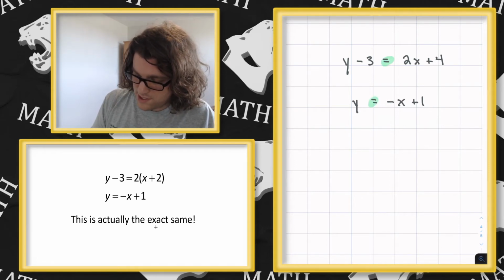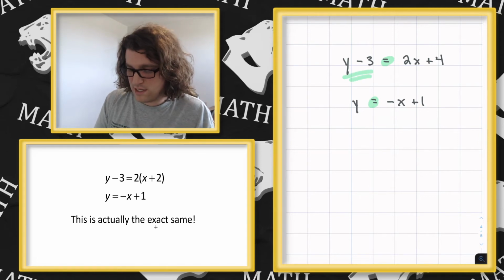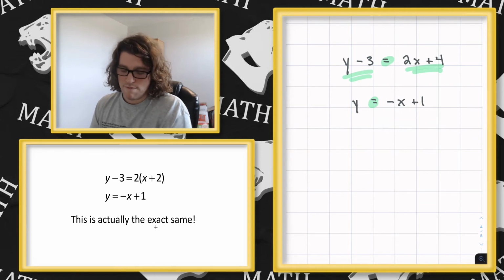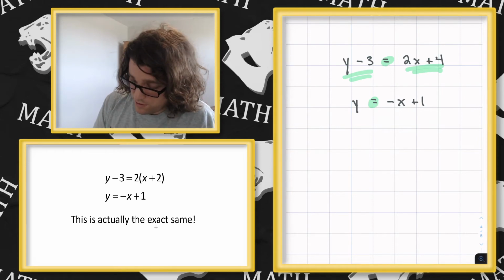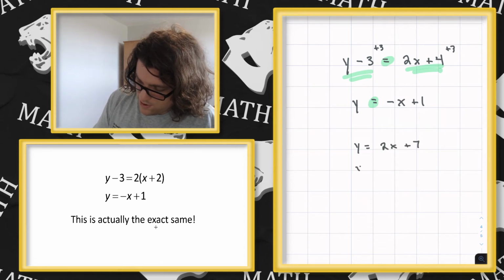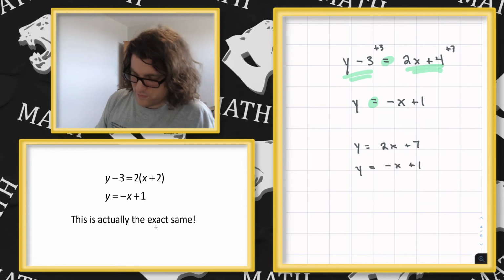So this thing over here is equal to this thing. Great. So if I wanted to, I'm going to rearrange that top one. I'm going to add 3 to the left-hand side, which means I add 3 to the right-hand side. So I get y equals 2x plus 7. And my other one is y is equal to negative x plus 1.